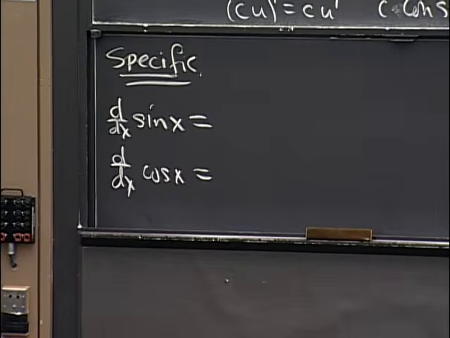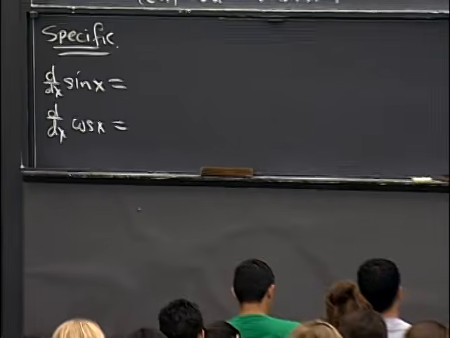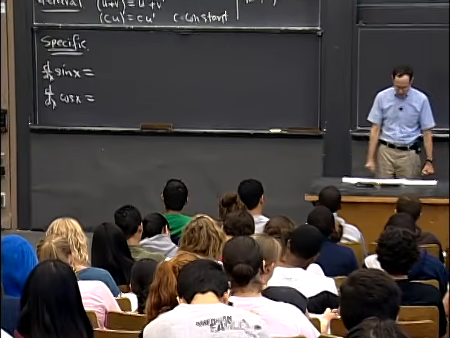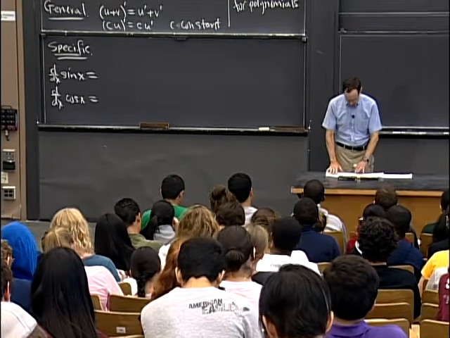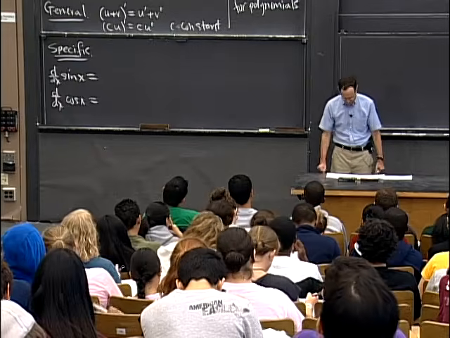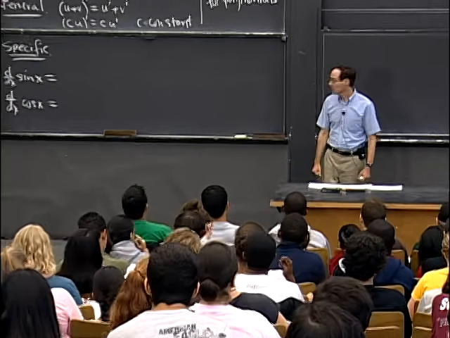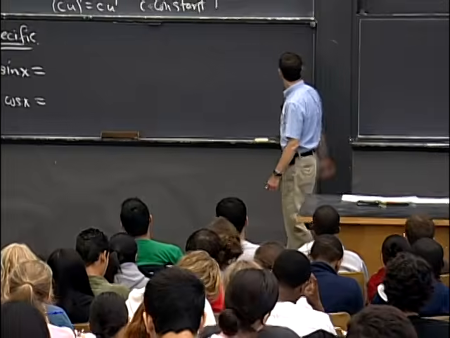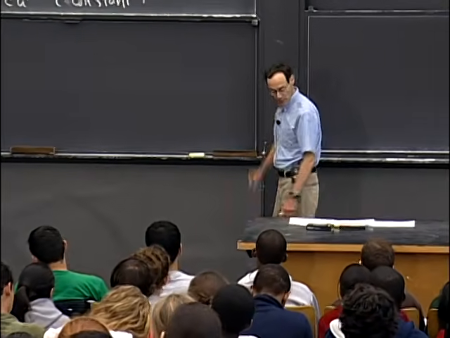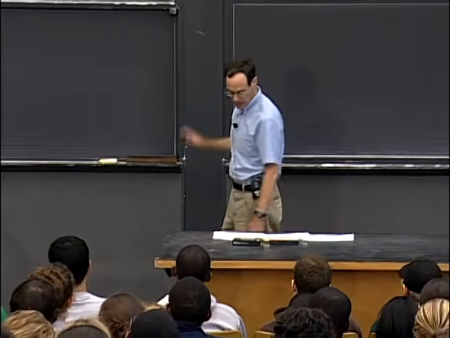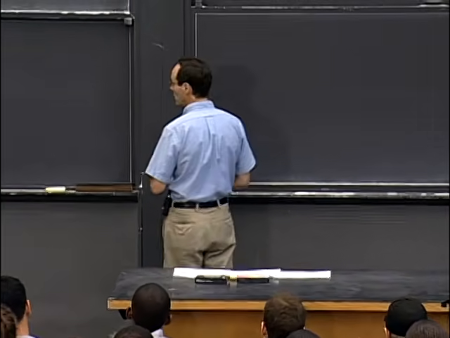At the same time, I hope to get you very used to dealing with trig functions, although that's something that you should think of as a gradual process. All right, so in order to calculate these, I'm going to start the calculation over here.